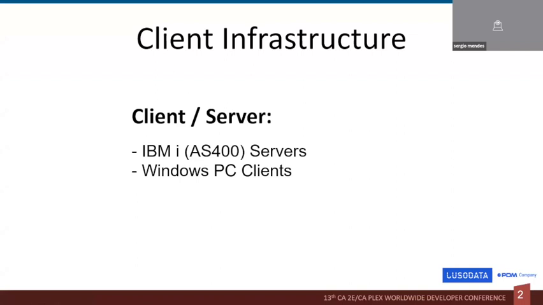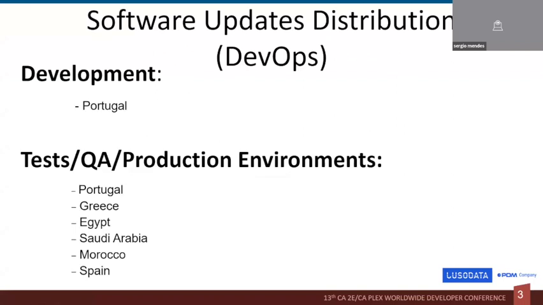I'm going to focus on the first stage of DevOps, the development stage and the object collection stage. We were developing in Portugal and deploying objects to Portugal and a few more countries abroad.